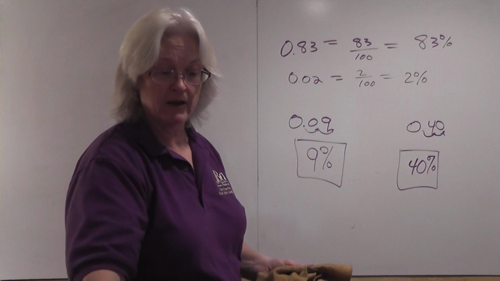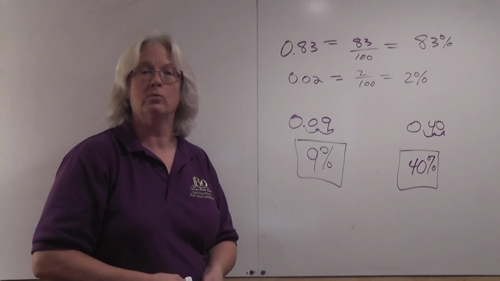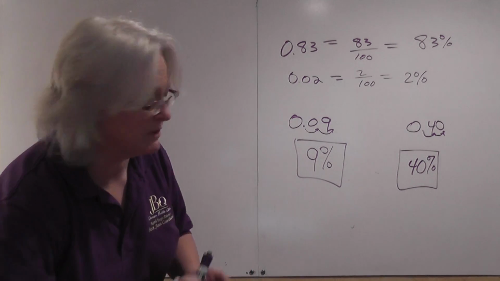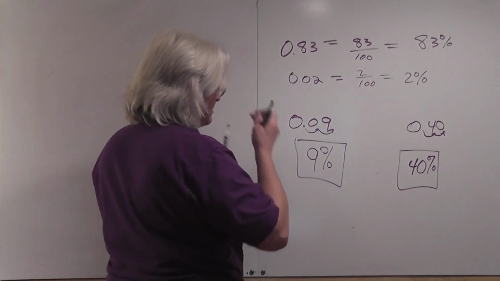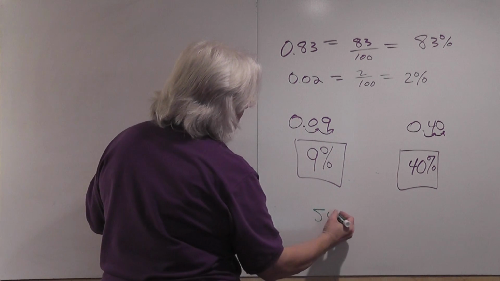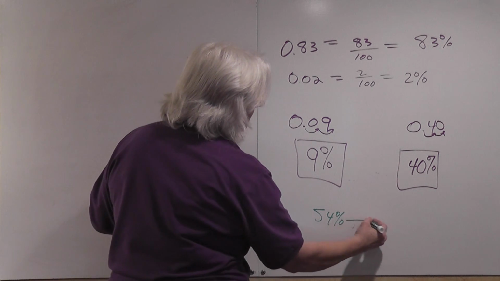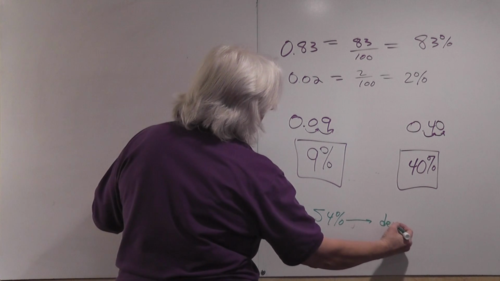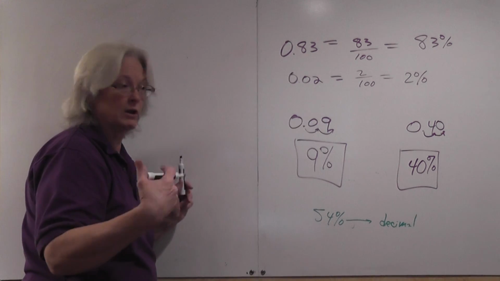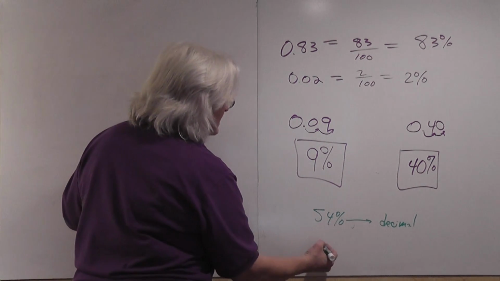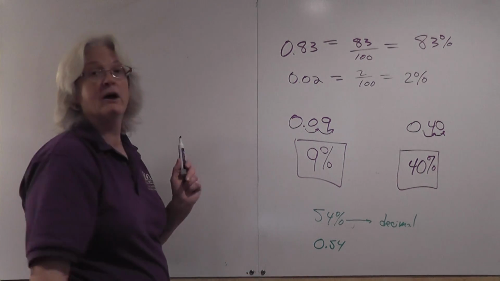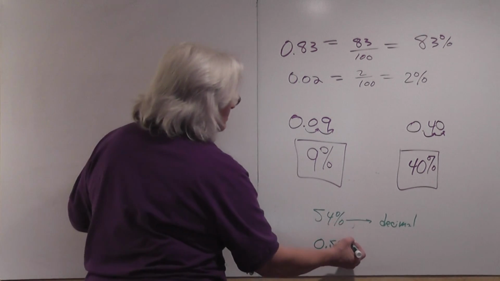So all that we have to do on this section, go ahead and work on these. Just remember, the biggest thing that I could think of to tell you that might jump out on you is if we are converting 54% to a decimal, when we're converting percents to decimals, you move this decimal point 2 spaces to the left, and you drop the percent symbol.